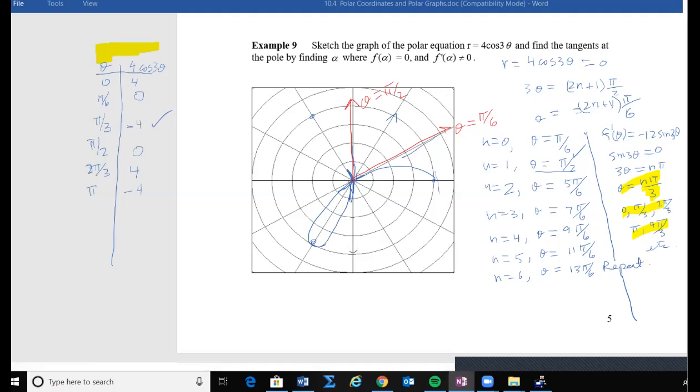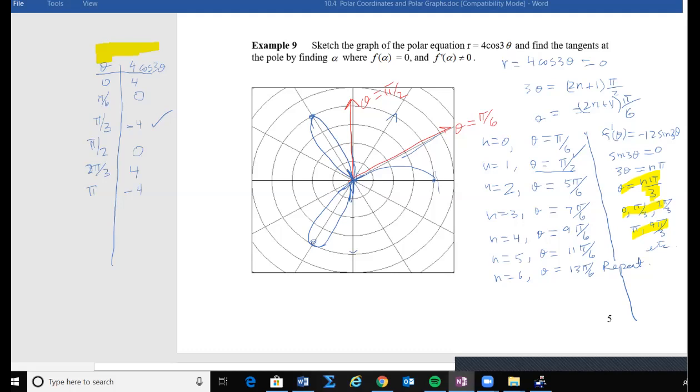I may have cut it a little close here. And by the time I get to pi over 2, I will actually swing all the way in here, okay, and come back to 0, like that. So I get r equal to 0 at pi over 2.